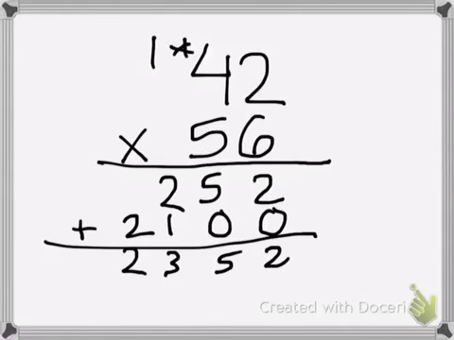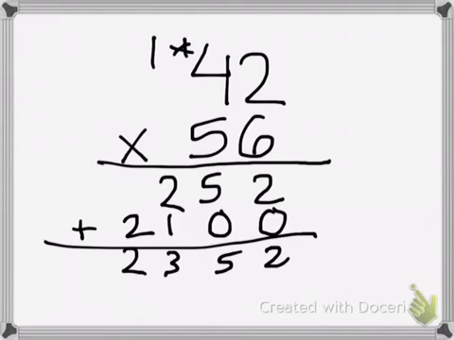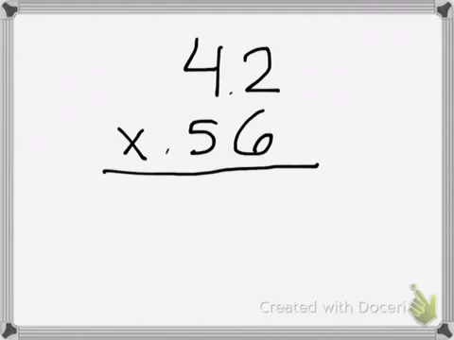So my answer for the second problem that I created, remember this was the original, and I turned them both into whole numbers, 42 and 56, the answer for this problem was 2,352. But let's talk about how we're going to figure out what the answer to our original problem was. In order to figure that out, I'm going to have to count and see how many digits there are behind the decimal points in both these numbers.